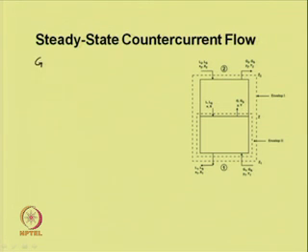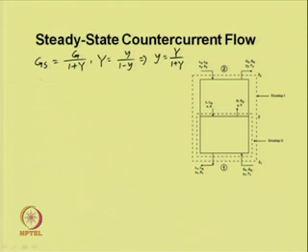Gs can be written as G by 1 plus capital Y, and capital Y is equal to small y by 1 minus small y, or from this we can write small y is equal to capital Y divided by 1 plus capital Y. Ls is L by 1 plus capital X. Capital X we can write as small x divided by 1 minus small x.